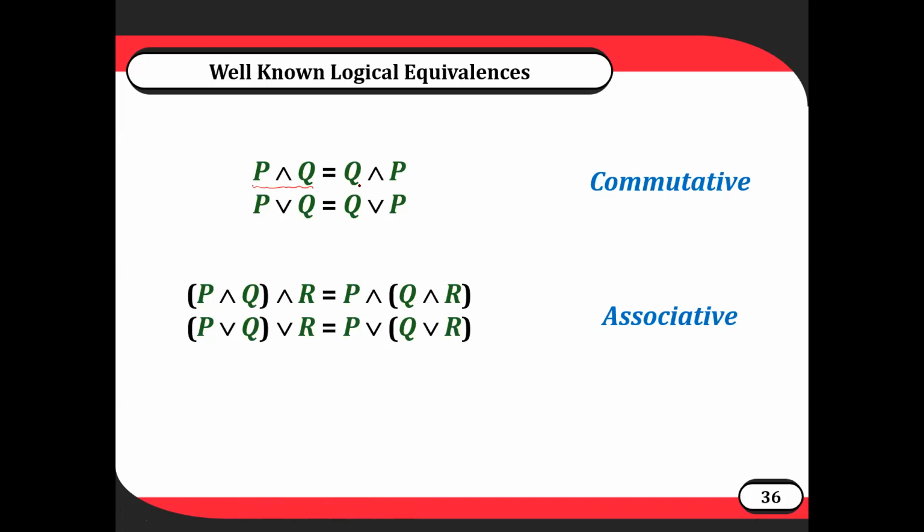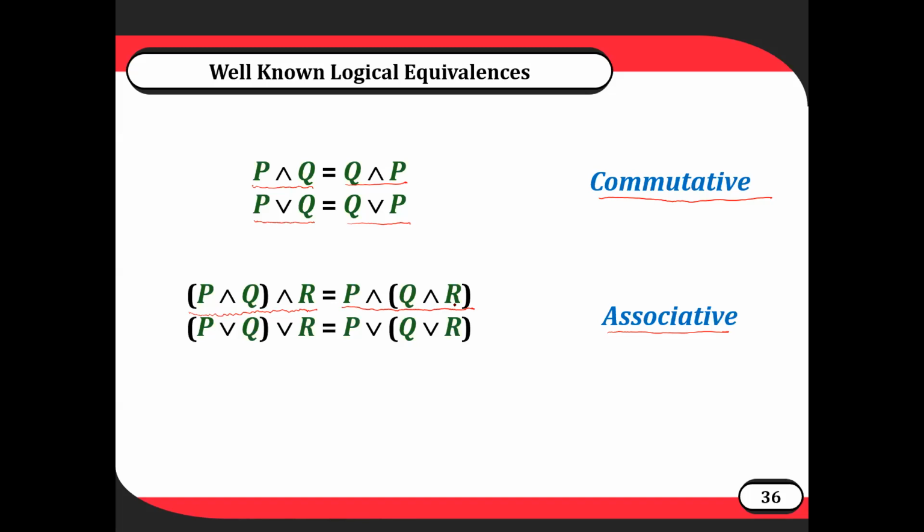So P and Q is equivalent to Q and P, and P or Q is equivalent to Q or P. We can change the order and it doesn't affect anything. We call that the commutative property. You may remember these properties from math. And the associative property is that if I have P and Q and R, it doesn't matter if I do P and Q first or Q and R first, they will logically be the same.